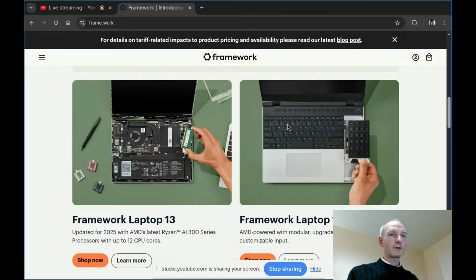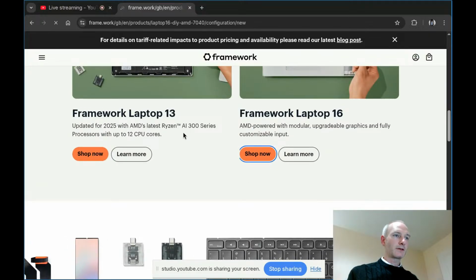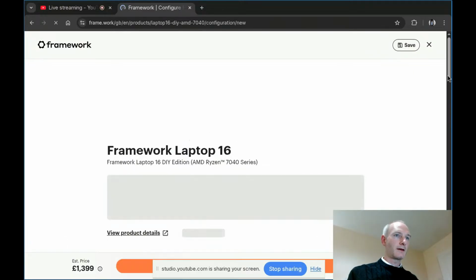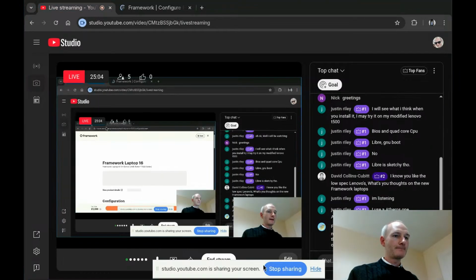And if I look at some of the prices here, how much are these? I mean, £1,400. That's a lot of money. That's a lot of money for a lot of processing power that perhaps you don't really need.